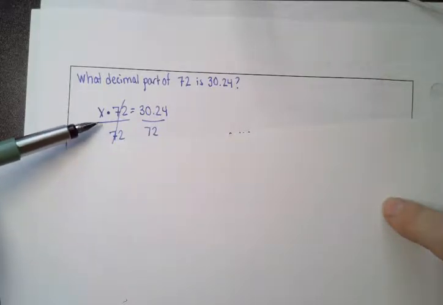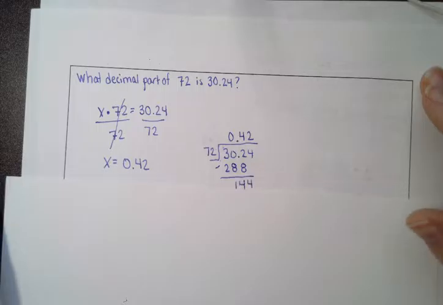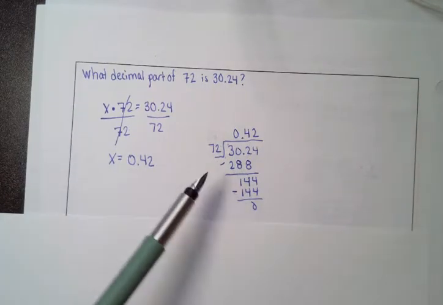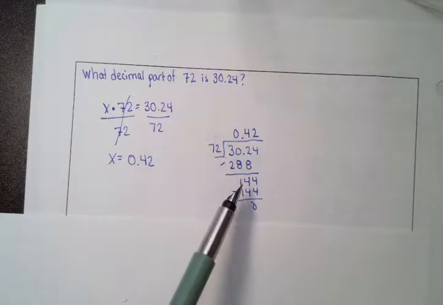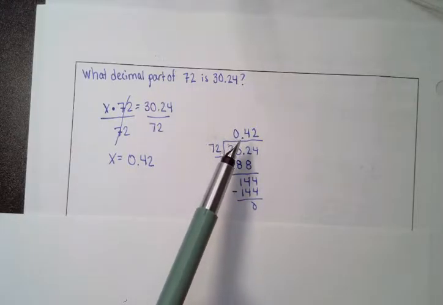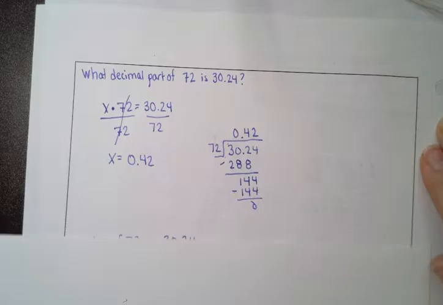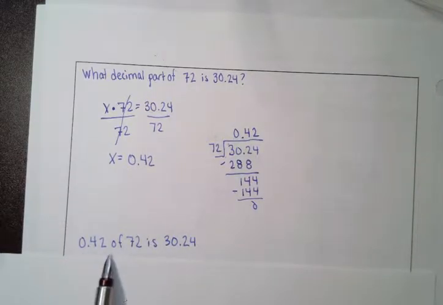Then you divide both sides by 72. Again, I had to do some long division here, dividing 30.24 by 72. Using long division, I figured out that it was 0.42. So that's my answer. 0.42 of 72 is 30.24.